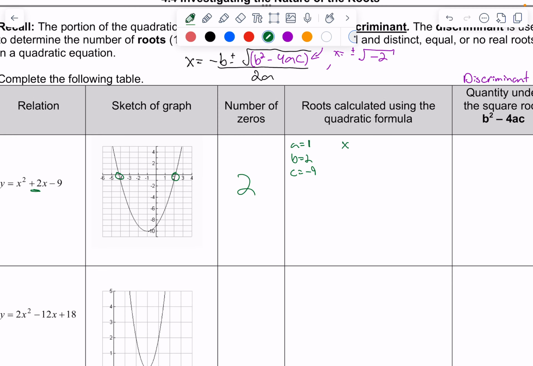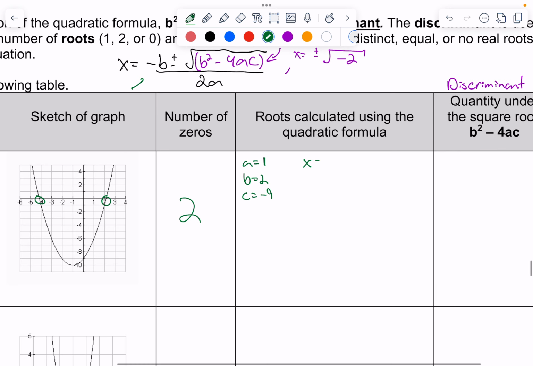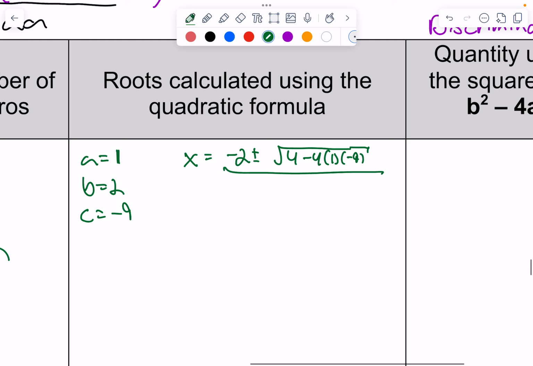So using this formula up above, x equals minus 2 plus or minus the square root of 2 squared minus 4 times a, which is 1, times c, which is minus 9, all over 2 times 1.